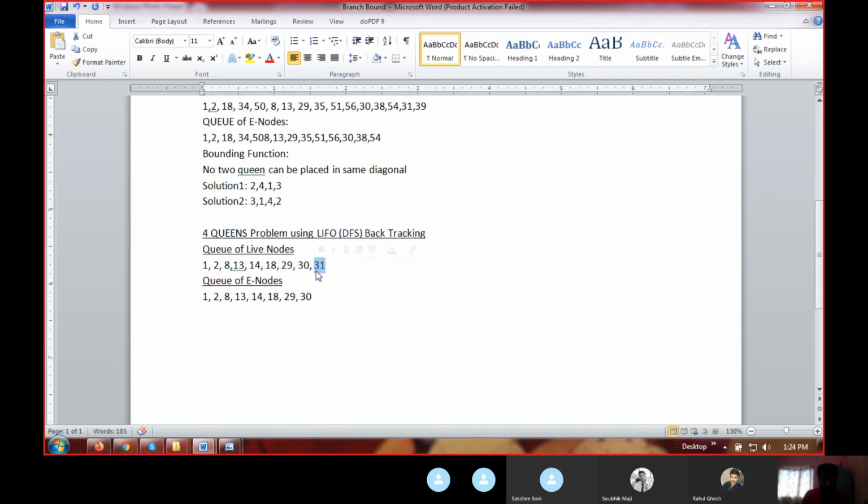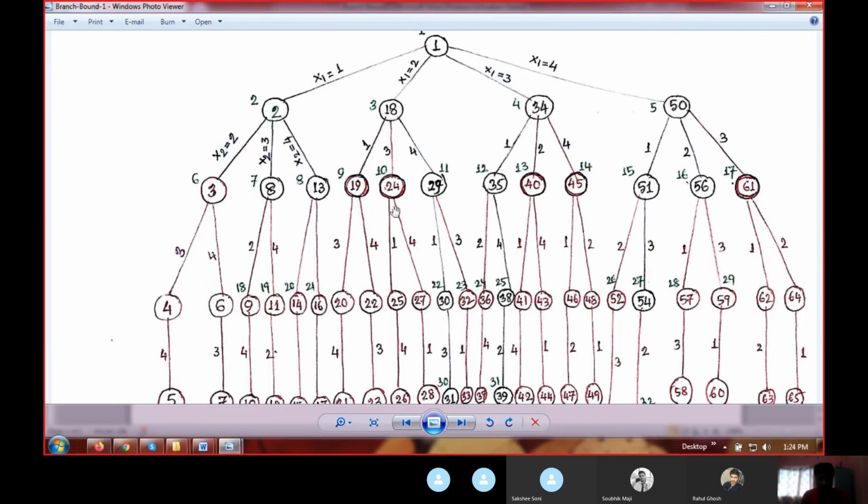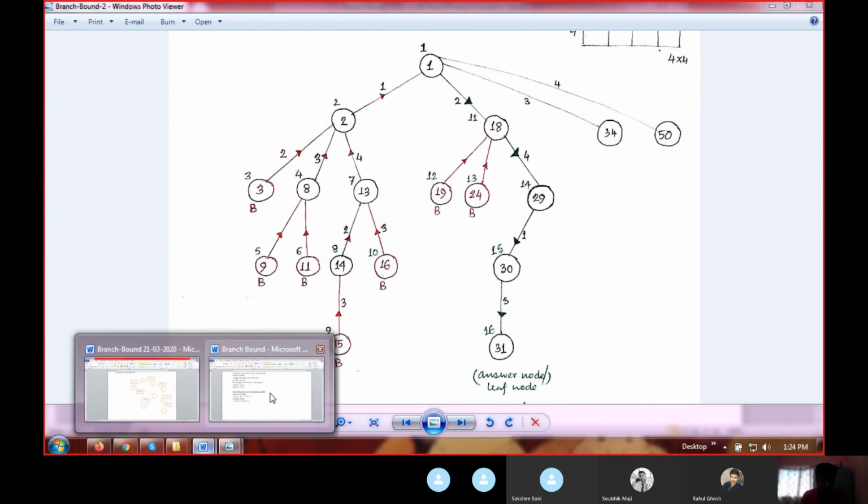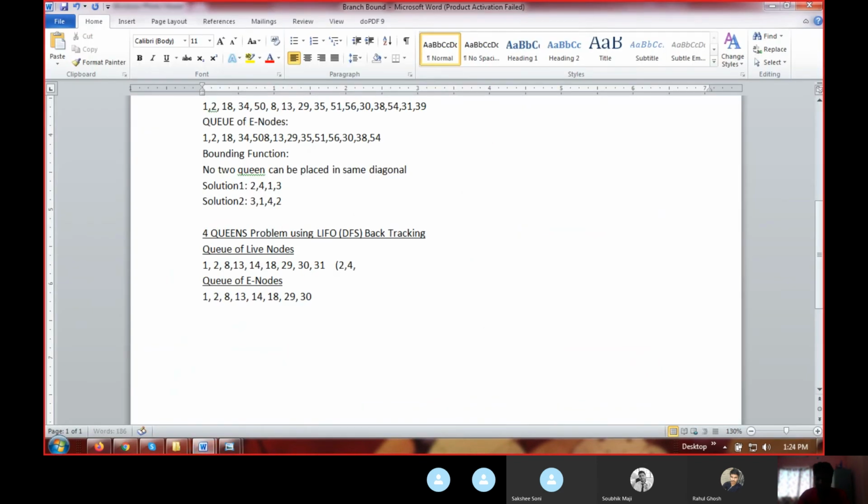As this is a leaf node, we have successfully reached one of the leaf nodes, and the possible solution in that case is the path, in this picture, 2 4 1 3, the same solution, 2 4 1 3. So this is the solution.